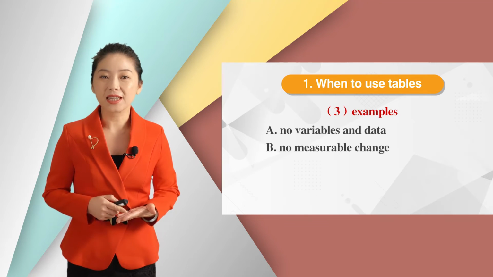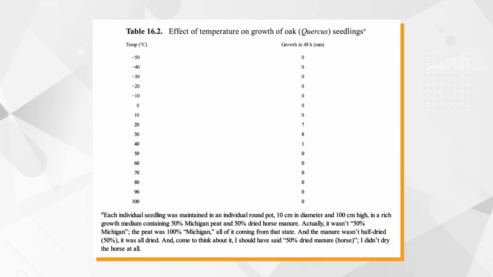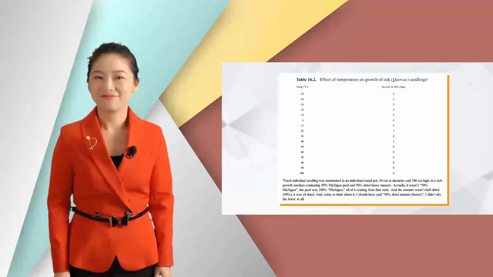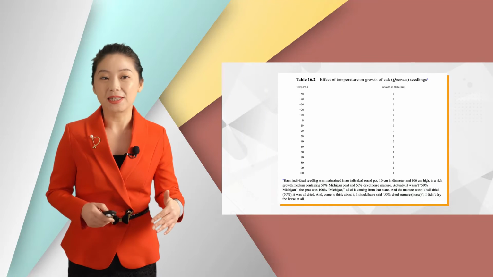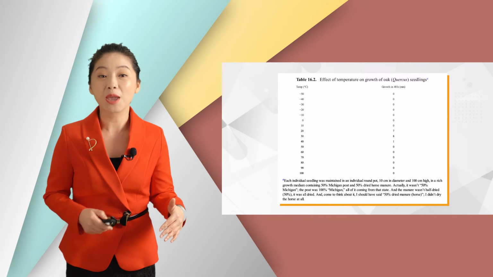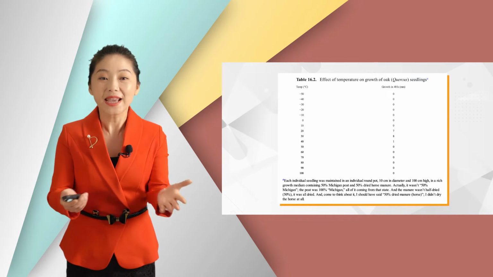Table 16.2 has no columns of identical readings, and it looks like a good table. But is it? The independent variable column, temperature, looks reasonable enough, but the dependent variable column, growth, has a suspicious number of zeros.